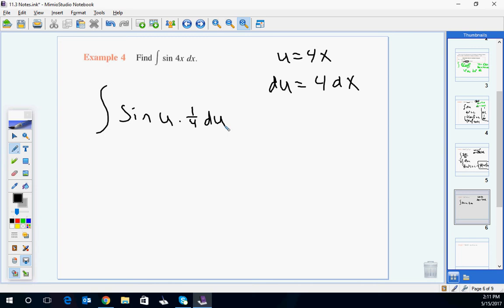Let me say that again. Everybody's comfortable, I hope, that the derivative of u is 4, and we put the dx here. We just have dx here, so if I solve for dx, I would get 1/4 du is dx, which is also why that's there. Because that's a derivative of u, right?